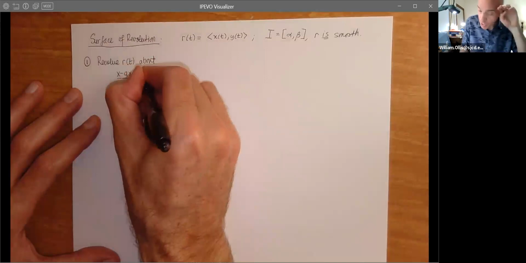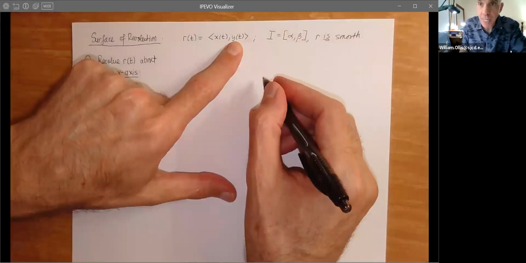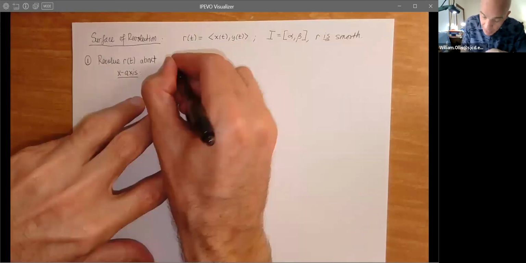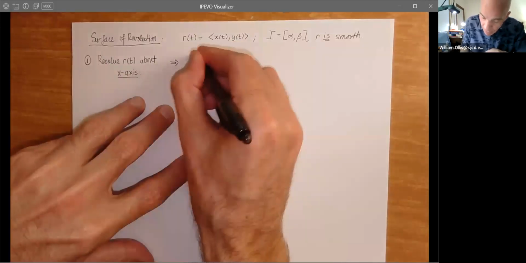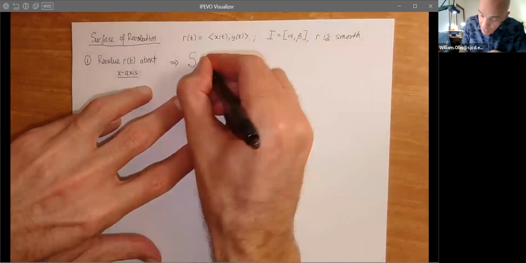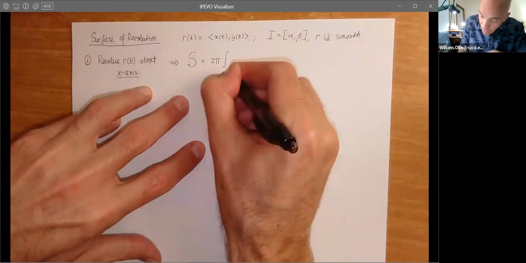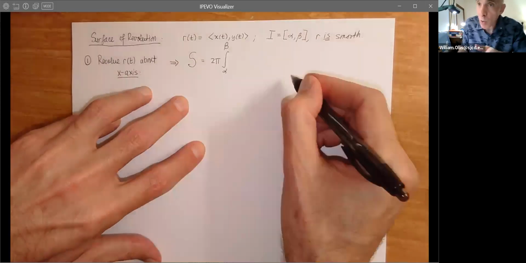So again, the distance to the x-axis from the parametric representation will just be y of t. So this implies that our surface area formula, now everything's the same, except now we just substitute the element of arc length, which we derived earlier.